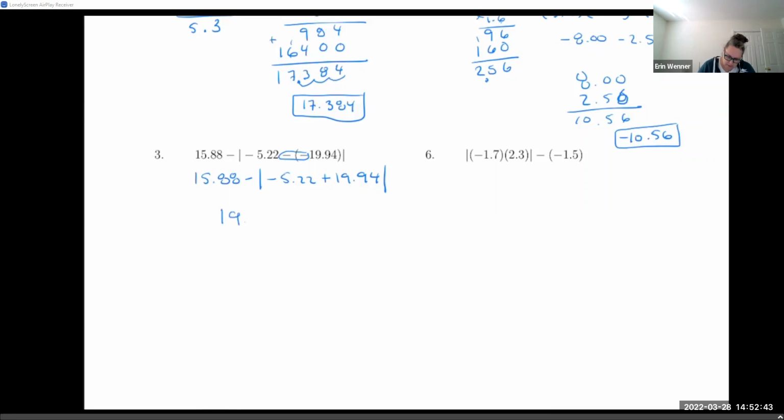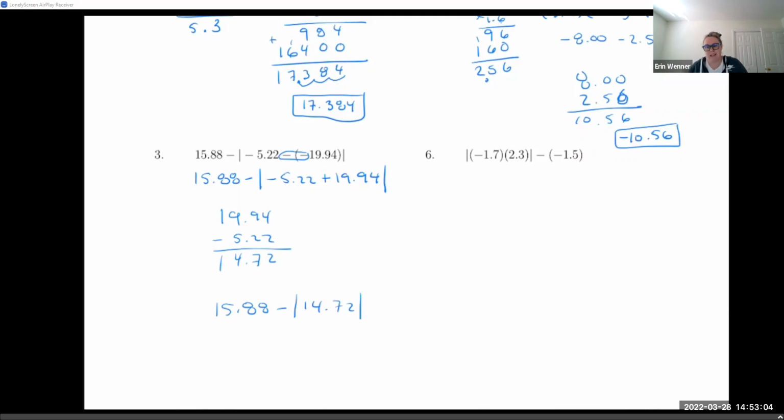We're going to do 19.94 minus 5.22, giving us positive 14.72. So rewriting, I've got 15.88 minus the absolute value of 14.72.